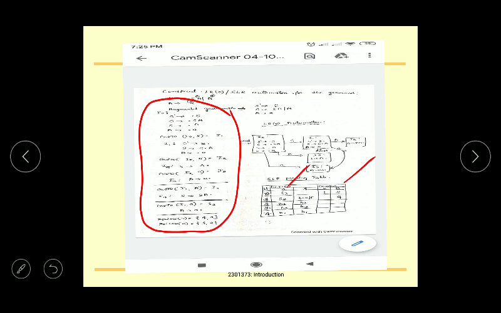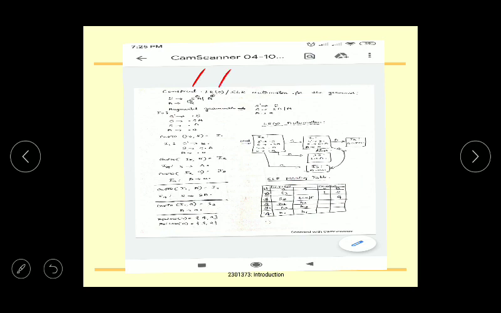Action means terminals followed by a dollar, which indicates the input end marker, and goto has all the non-terminals in the given grammar. Only S and A are the non-terminals. No need to consider the augmented grammar, just consider the given grammar. Then you can number the productions like this: S gives SA is the first production, S gives A is the second production, and A gives a is the third production. 1, 2, 3. Give the numbers like this.